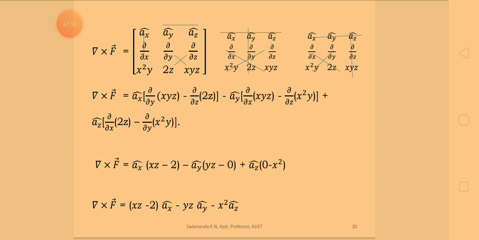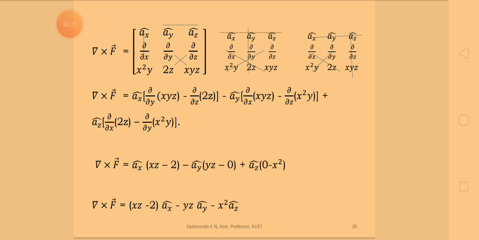Now you have to take the derivative of these components with respect to the variables. So curl f is equal to ax cap, and with respect to y, the first term, xyz is there, therefore xz, minus ∂/∂x of 2z. With respect to z, it is 2. Therefore the first term is solved: ax cap, open bracket, xz minus 2, minus ay cap, again open bracket.